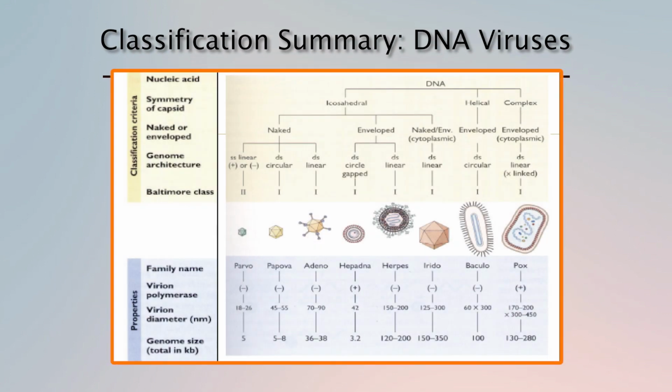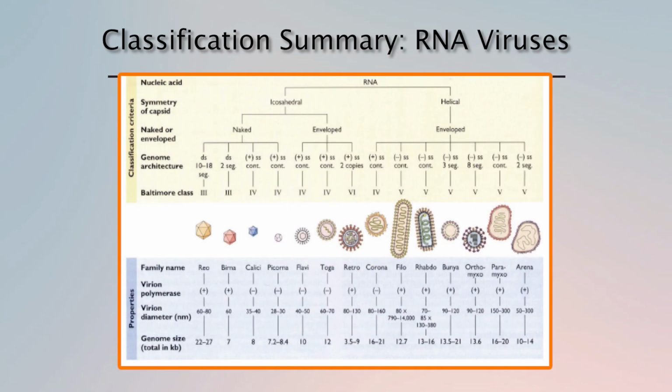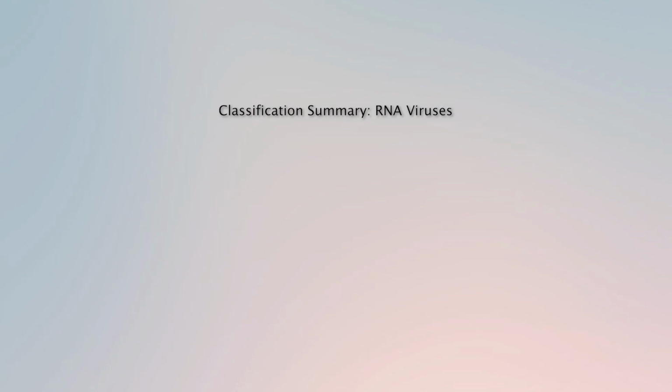So finally, this is a detailed summary of the classification of DNA viruses with respect to various properties like symmetry of capsid, genome architecture, variant polymerase, variant diameter, and genome size, and similarly, this is a detailed classification of RNA viruses.